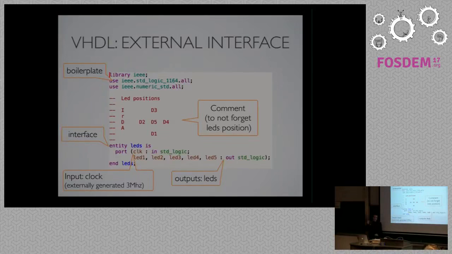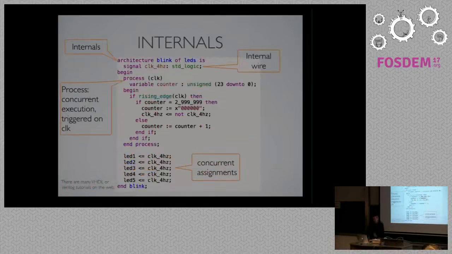It's not very easy to see, but I will show it. So you just describe with an entity the interface, inputs and outputs. And in VHDL, you have the architectures, which describe the internals of the circuit.